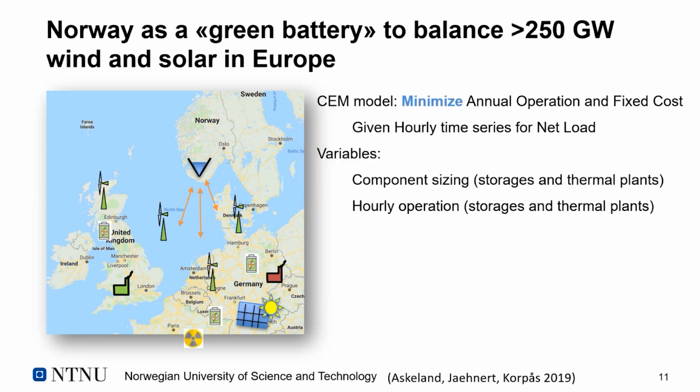So the variables are just the component sizing of the flexible units. And flexible units, we have gas power, coal power, nuclear power, and batteries, and Norwegian pumped hydro expansion.